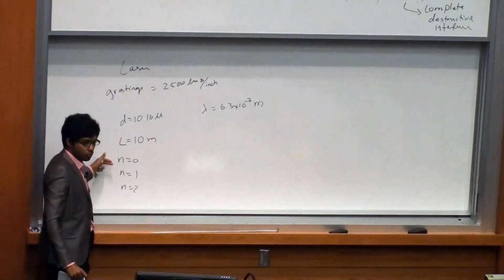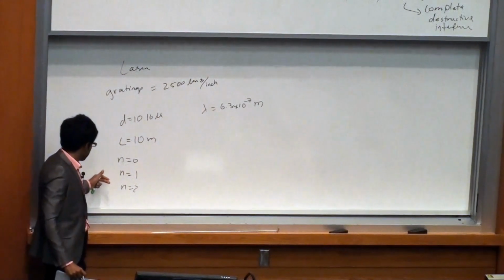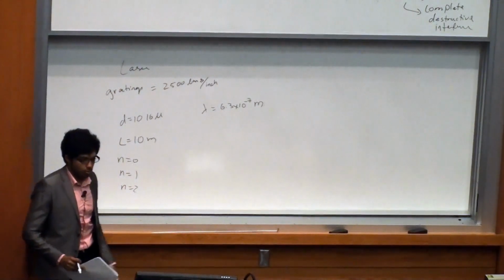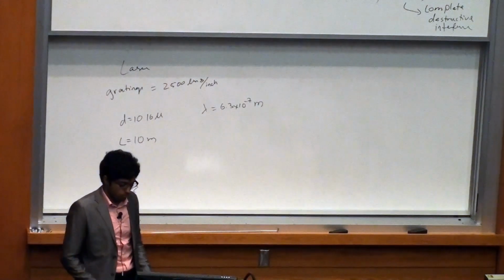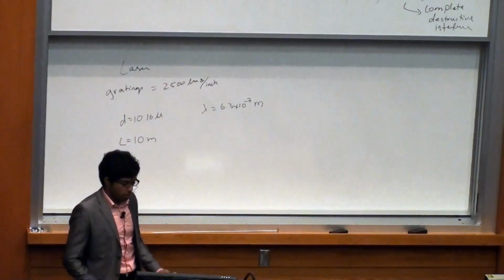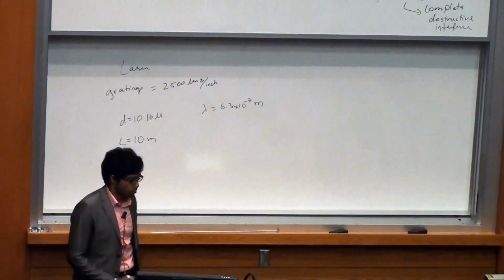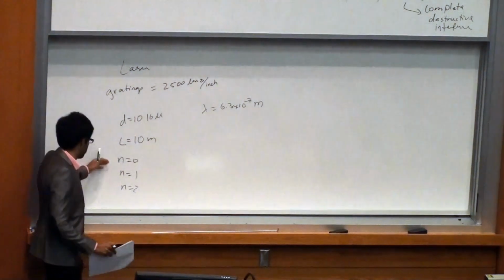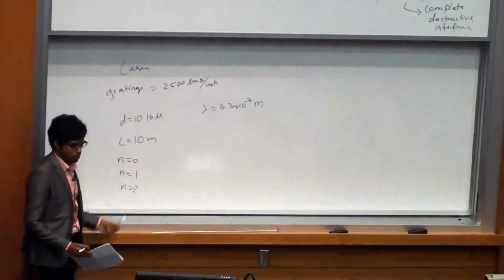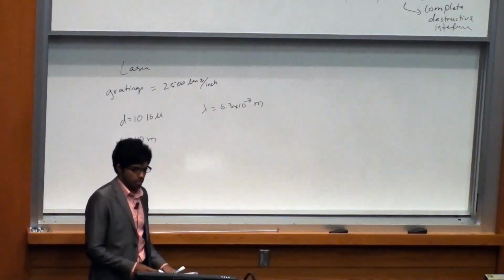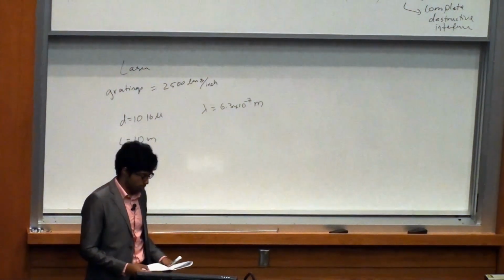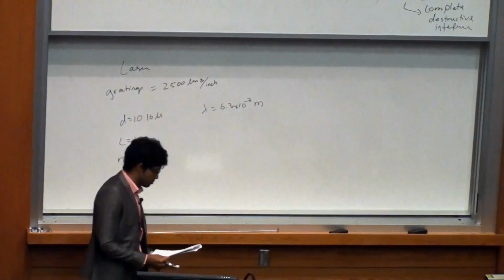Some people say this is your 0th order, first order, second order. It really comes down to who's dealing with it. But basically, I know your book calls this first order, second order, third order. So I'll probably just say n equals 0 or n equals 1, but I'll be specific.